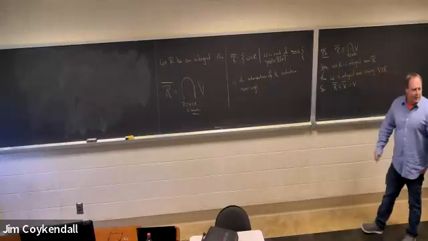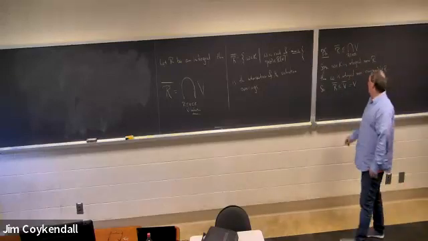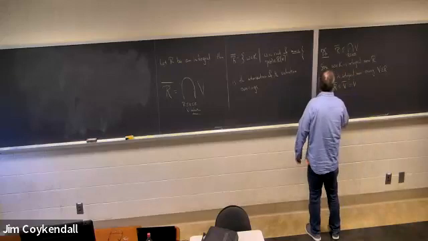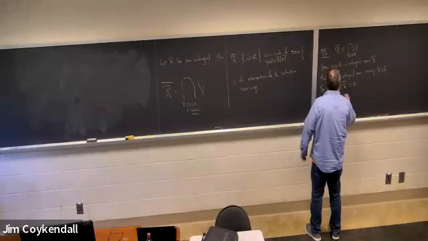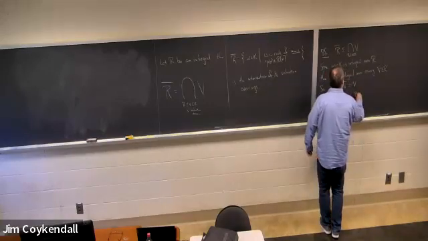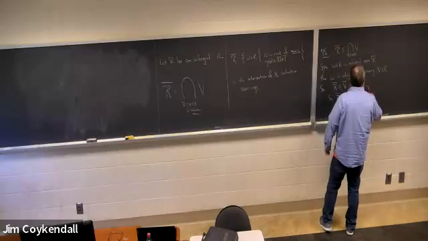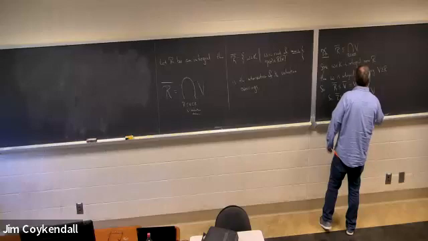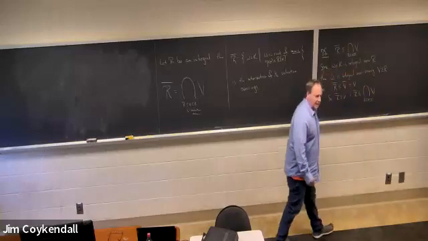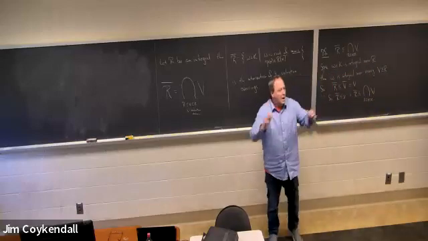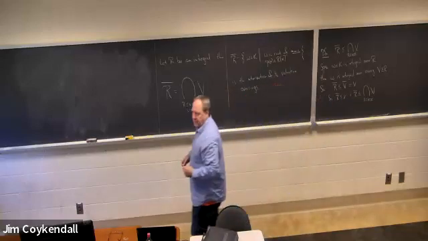So the result is that R bar is contained in the intersection of all valuation domains. That one's easy peasy lemon squeezy. What about the other direction?